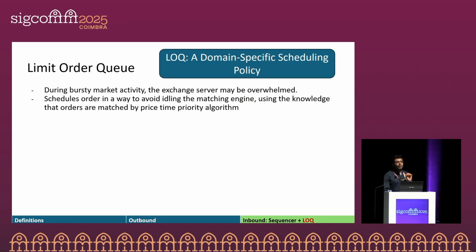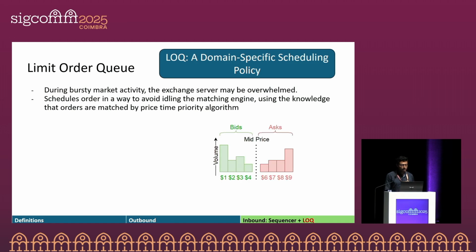This takes into account a domain-specific algorithm that is typically used in matching bids to asks in financial exchanges: the price-time priority algorithm. It's a commonly deployed algorithm that takes the bids for a commodity and the asks for a commodity and first of all holds them in a data structure called a limit order book.